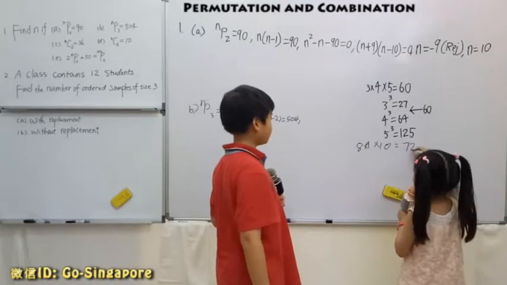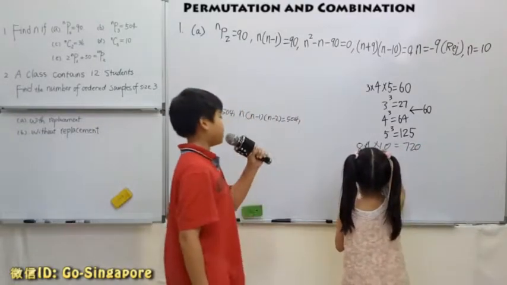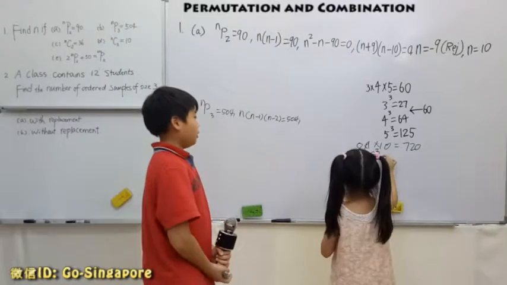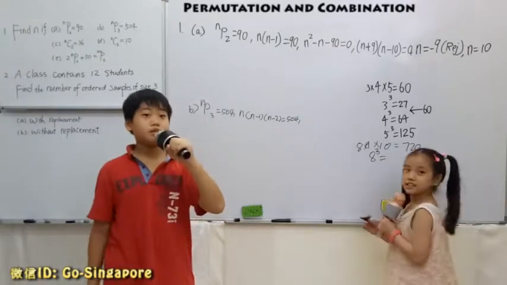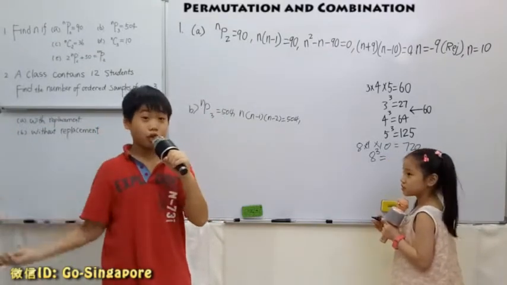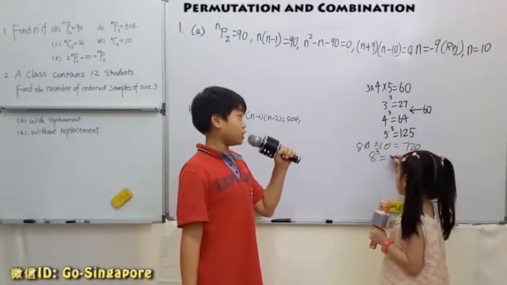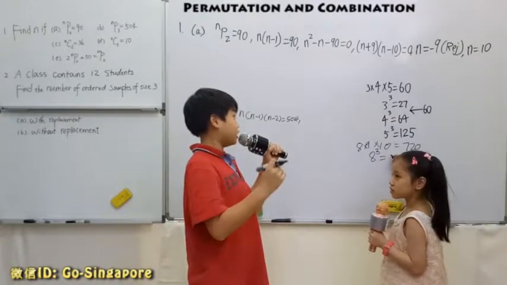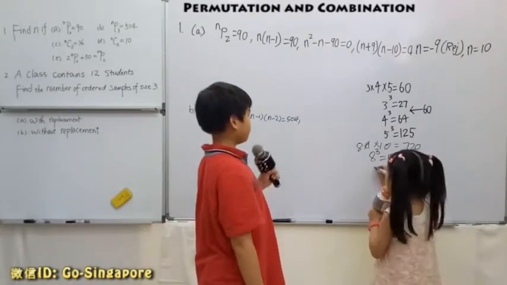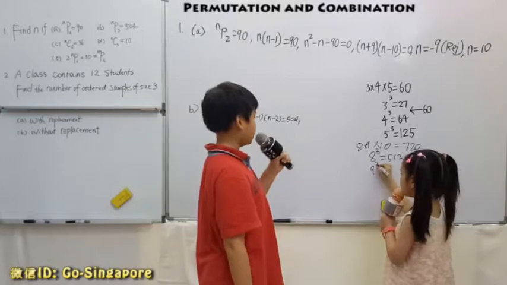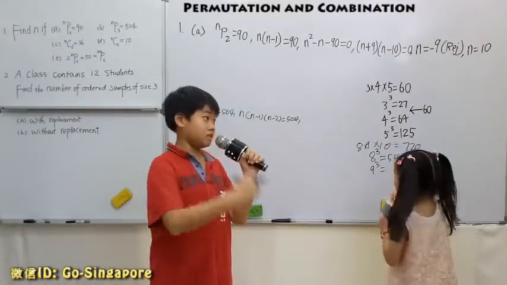Times 10 is 720. 8 cube, that means you need to use 64 times 8, right? Yes. So 64 times 8 is actually 512. Okay, and 9 cube is actually 81 times 9.